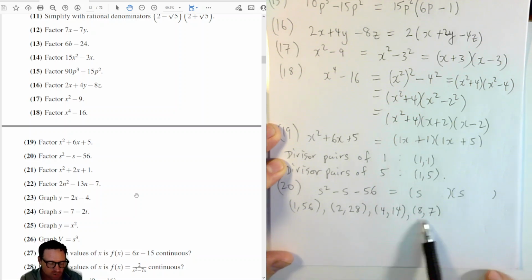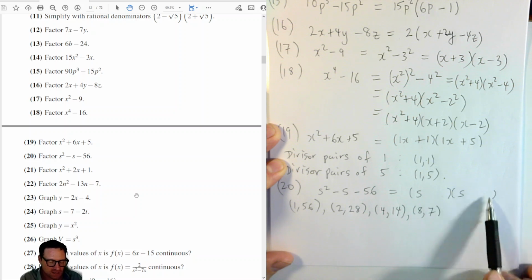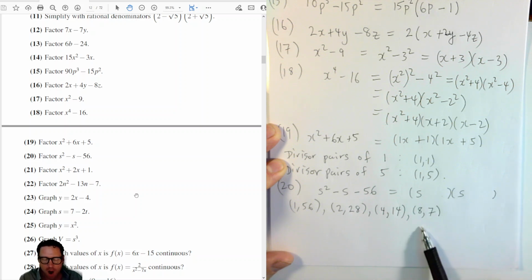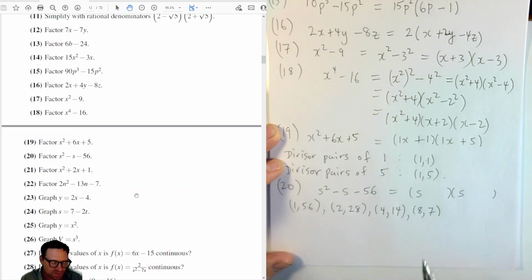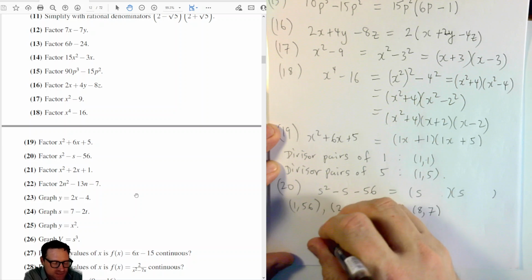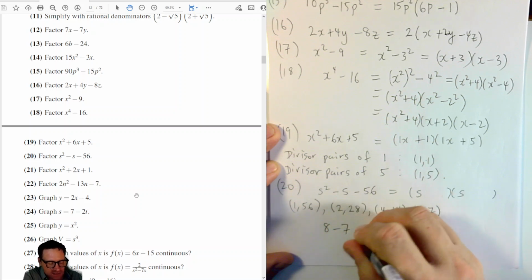So I've got to decide which pair to put here and here, right? The way I do that is I look at the signs. This is negative, so I want one of these to be plus and the other negative. And so I want the difference to be 1. Which of these has a difference of 1? 8 minus 7 is equal to 1.